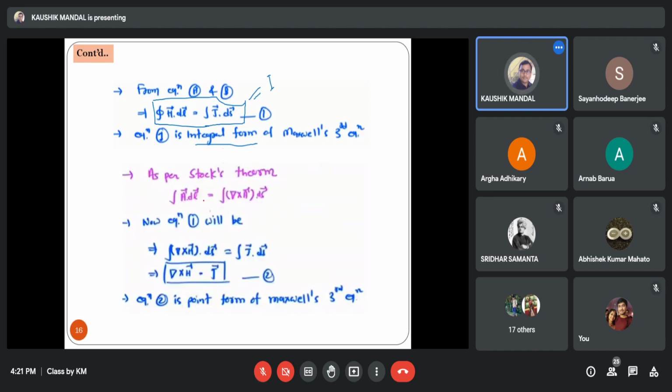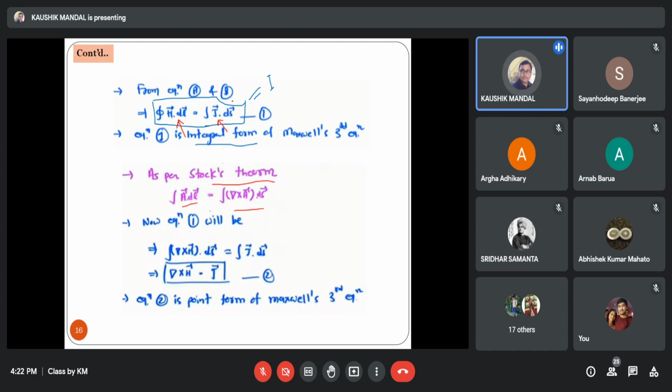So basically, you have to apply Stokes theorem, because Stokes theorem provides the conversion between line integral and surface integral. You have to decide which particular theorem you will consider, whether it is Stokes theorem or Gauss divergence theorem. On the left hand side it is a line integral, on the right hand side it is a surface integral.